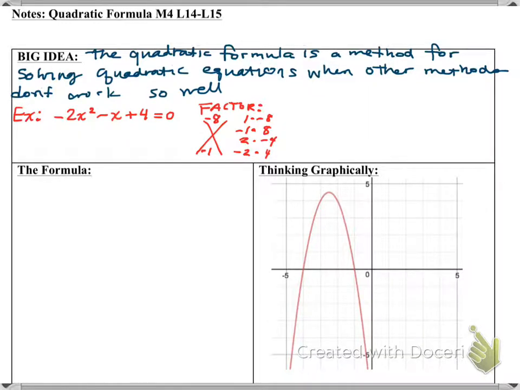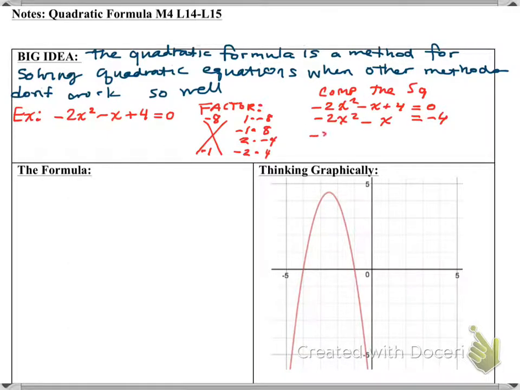So then I could move on to completing the square. If I take my equation negative 2x squared minus x plus 4, set it equal to 0, the first step would be to subtract the 4 over to the other side. Now I have negative 2x squared minus x.